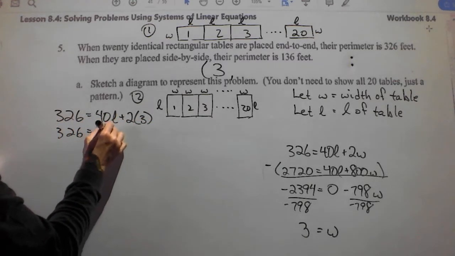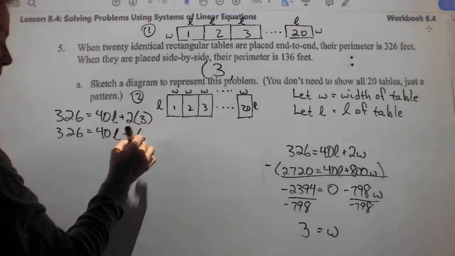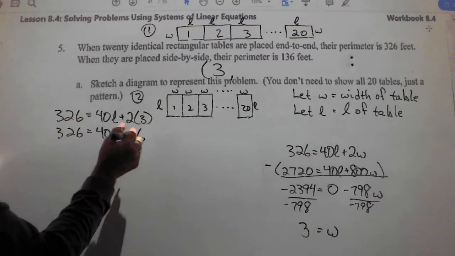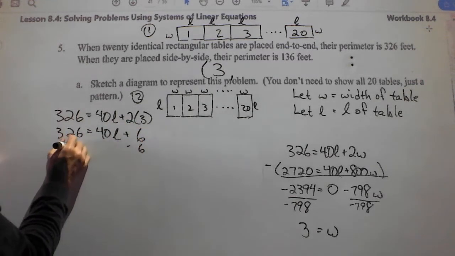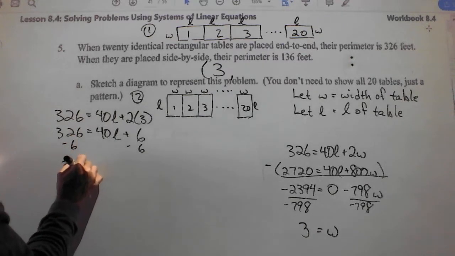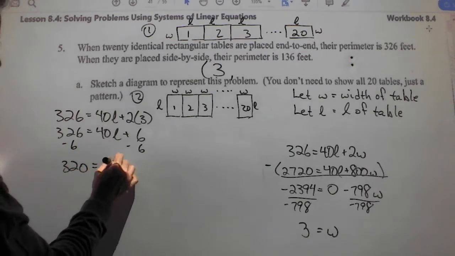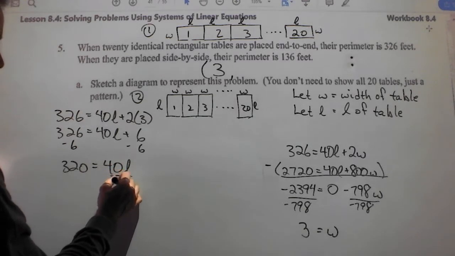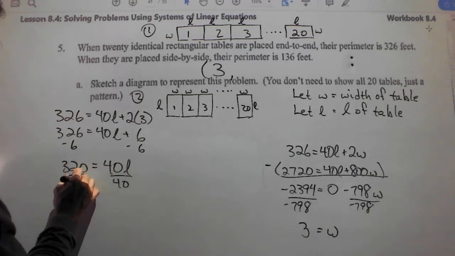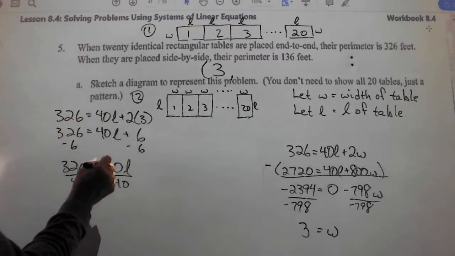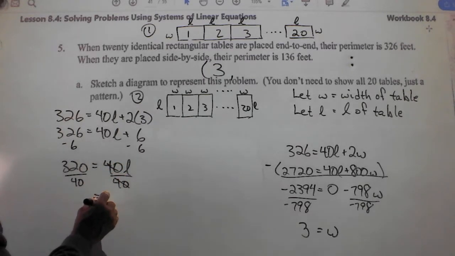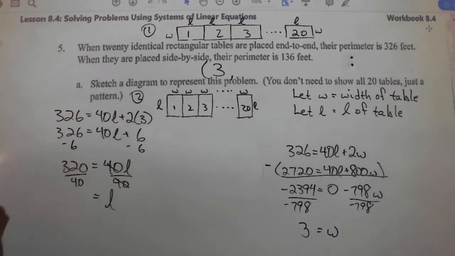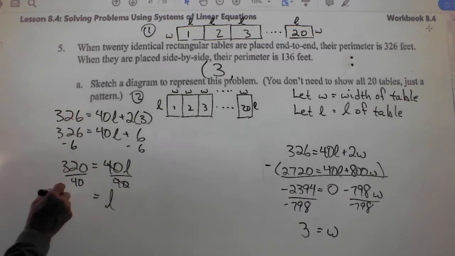326 equals 40L plus 6. Isolate L, we'll take away 6 from both sides. 320 equals 40L. We'll divide through by 40. And what do we get? 40 divided by 40 gives us 1L. 320 divided by 40 gives us 8.